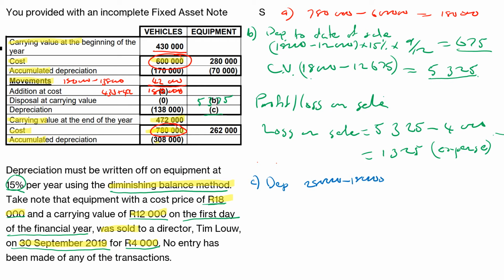All these are cost price. Then minus 70,000. This 18,000 is this here, and 280,000 is this opening balance that we have, because there were no additions.